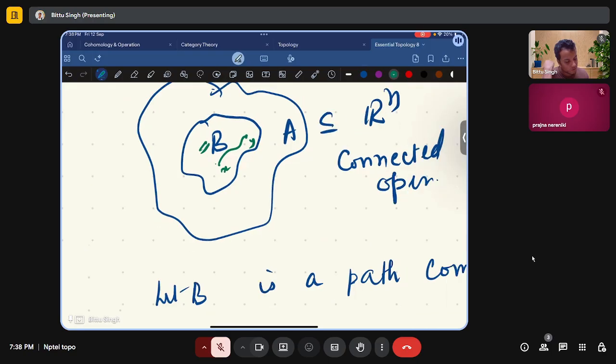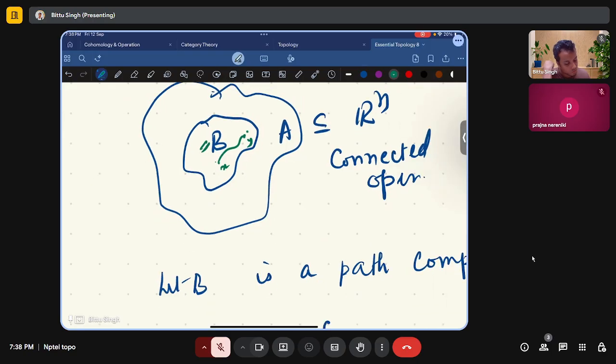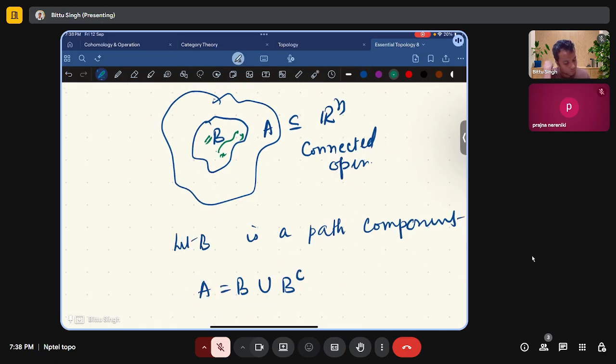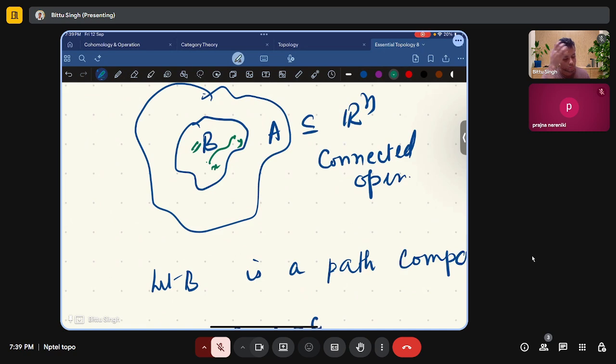Now we'll prove that B is open, that is, that Y is an interior point.